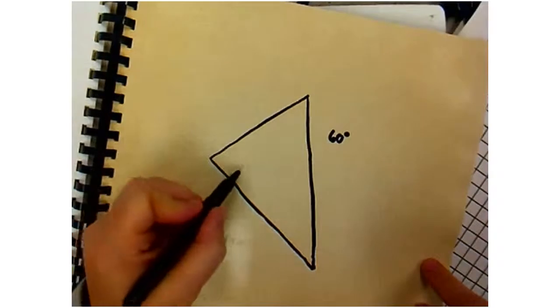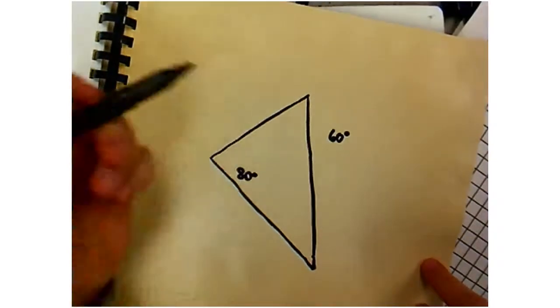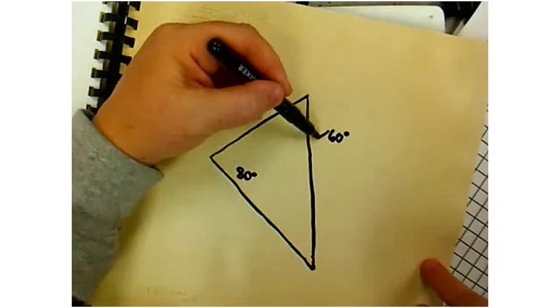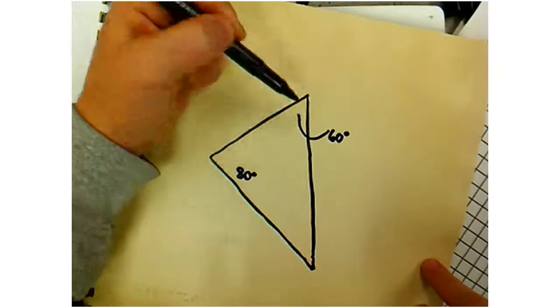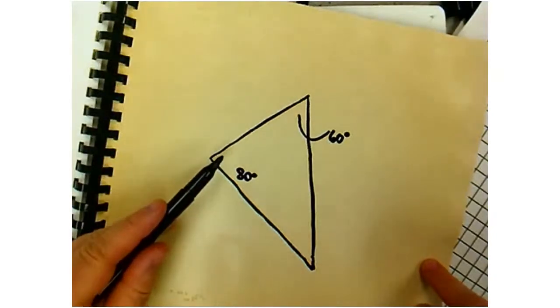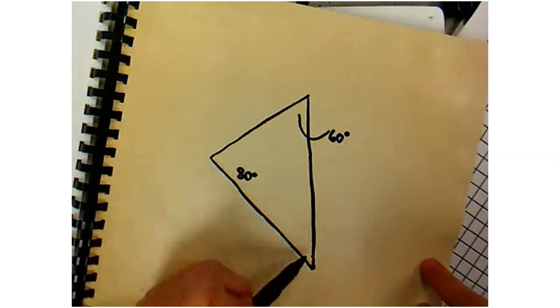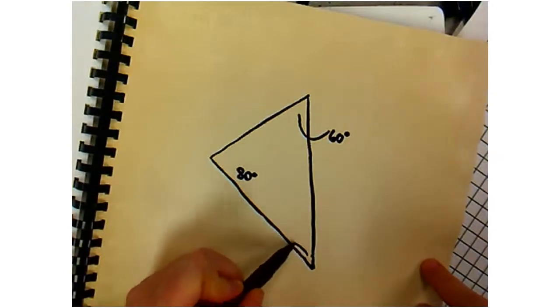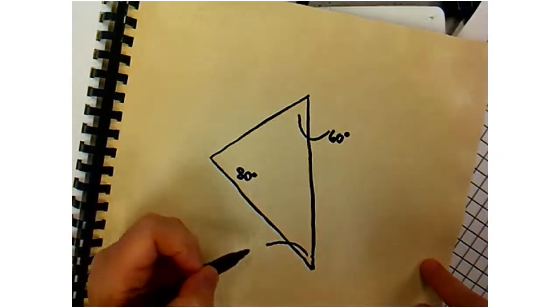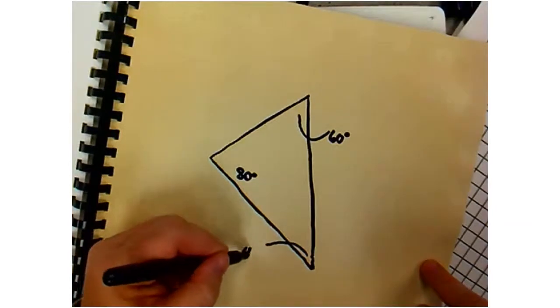The left one is 80, and they've labeled it on the exterior and then have a little line indicator pointing to the inside. And then the bottom measurement of the interior angle is 40 degrees.